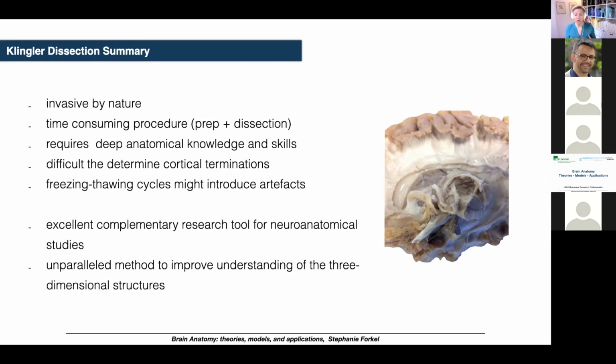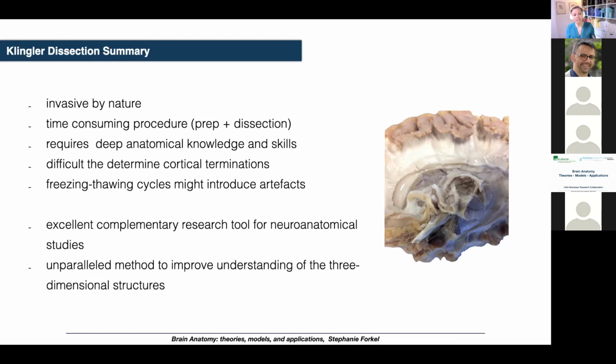And it really helps with the 3D understanding of where things are and how they connect to each other. As you've seen, in order to go from the brain to the dissection, you have to peel away the cortex. So by definition and by virtue of the method, it becomes very difficult to determine the cortical terminations of the white matter.